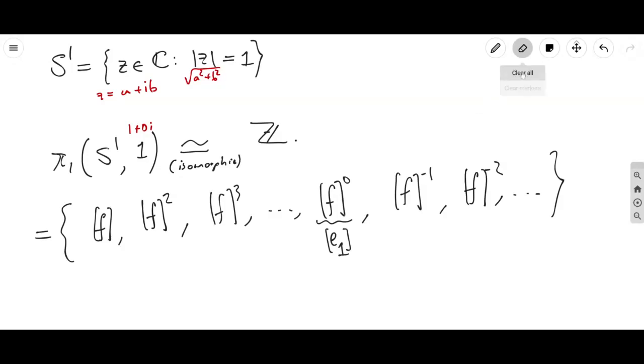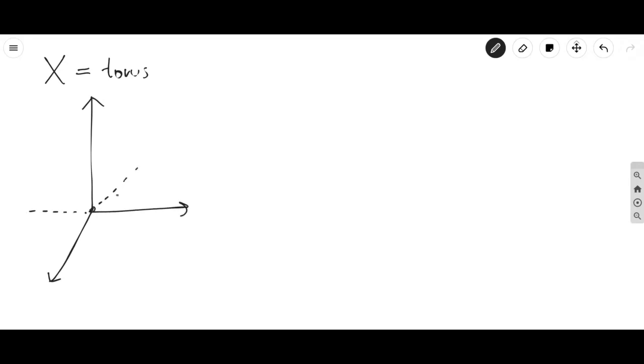So for the next example that I wanted to mention, this one is rather interesting, and it's x. Let's say x is the torus. So a torus, I'm sure you all know this. It's a space that looks like this. Let me call this the concrete torus.